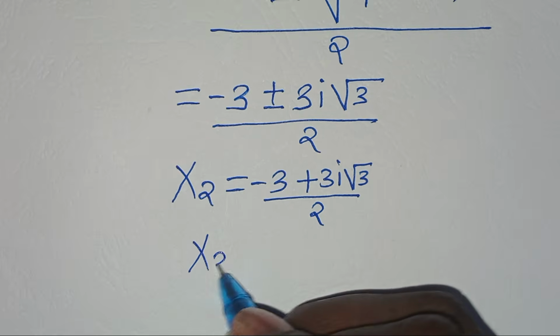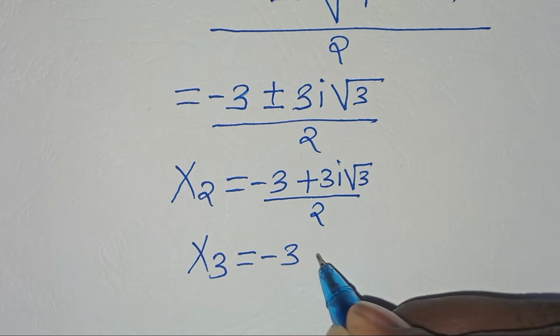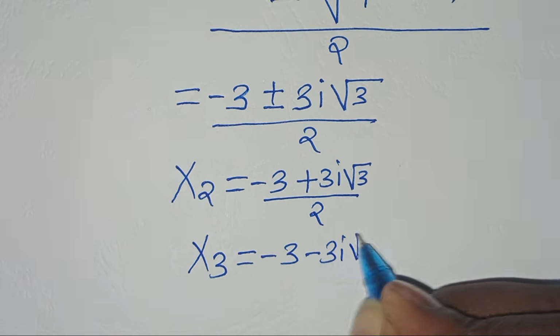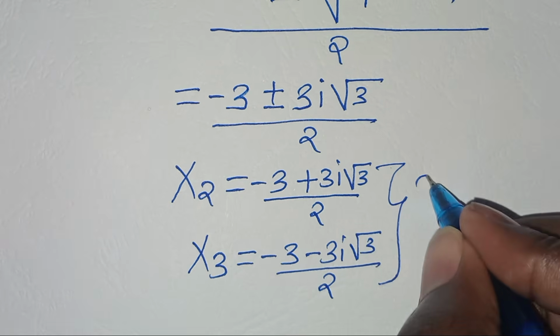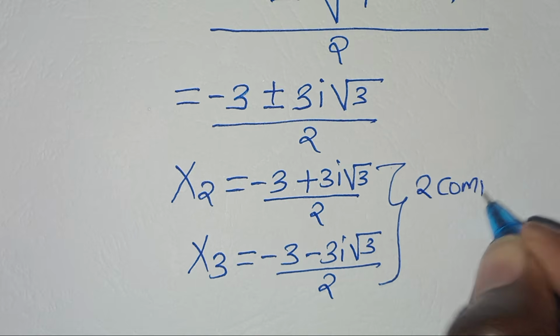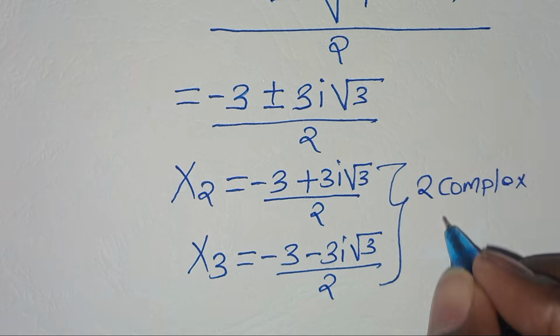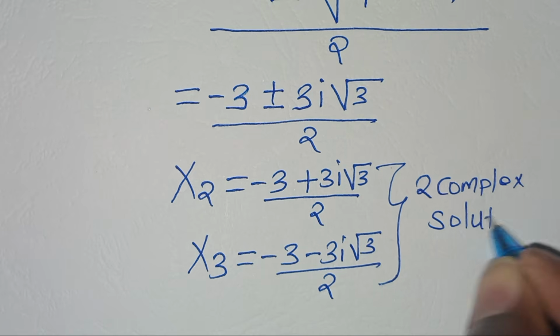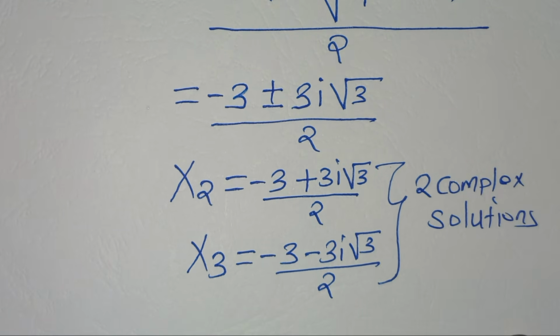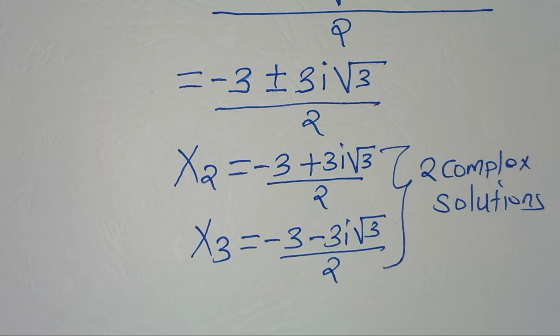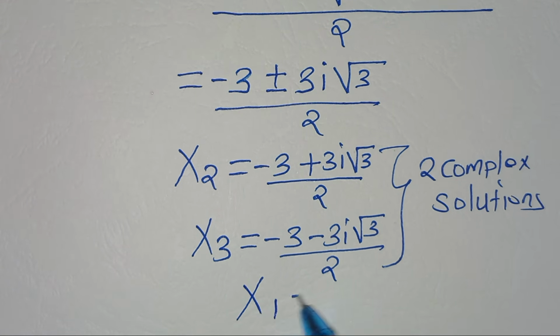Then we have x3, equal to negative 3 minus 3i square root of 3 divided by 2. So you find that these are two complex solutions for this algebra problem. Now we have got one real solution, that is x1, and this is equal to 3.